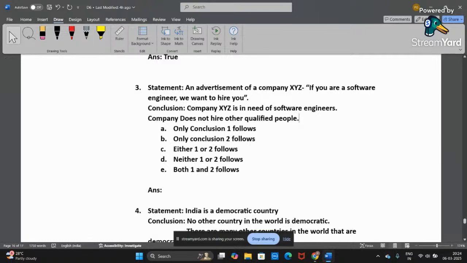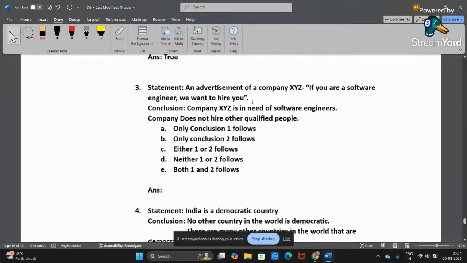In this, one conclusion is that company XYZ is in need of software engineers. The other conclusion is company does not hire other qualified people. That means other than software engineers, they're not going to hire any other people to the company. That is the second conclusion.